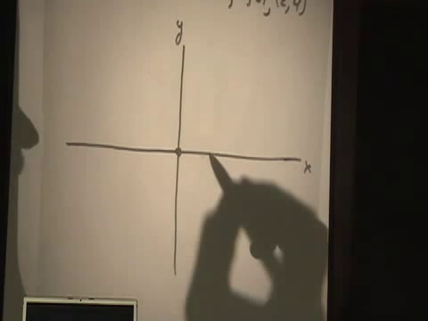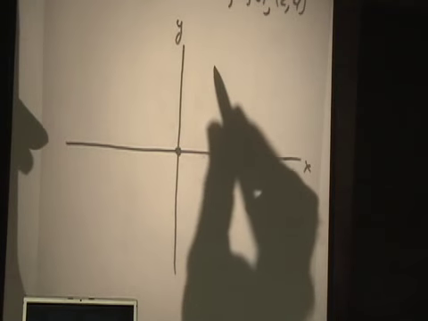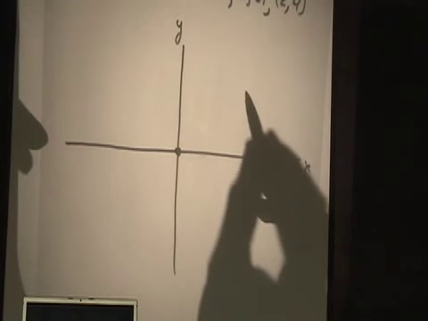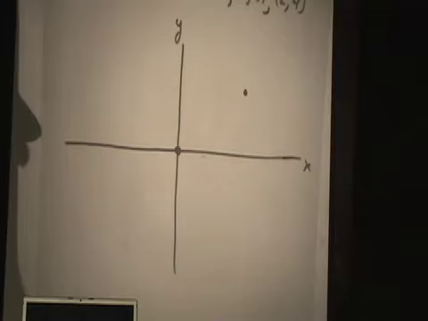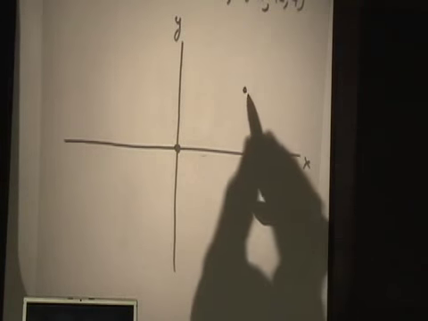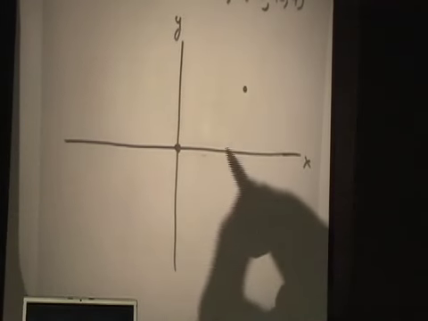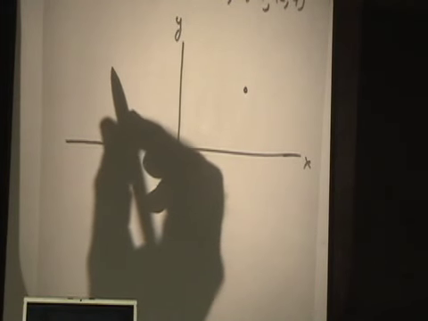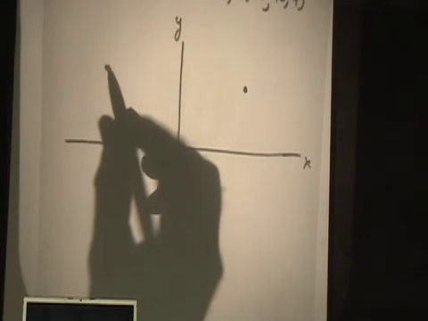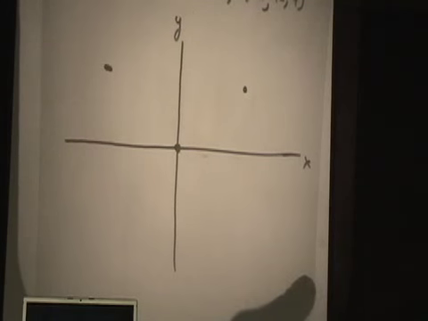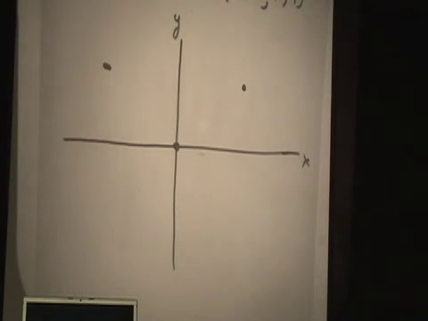Even though technically, if the scales were the same, the point would be right about there. I'm going to make it so it's a little easier for me to draw the whole picture. I'm going to put it more in the middle of that part of the first quadrant. So I'm going to think of that as the point 2, 4. And then the point -2, 4 will be over here, approximately. So those are my equilibria.